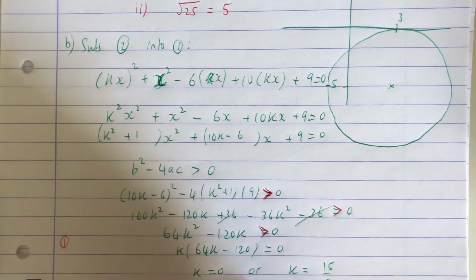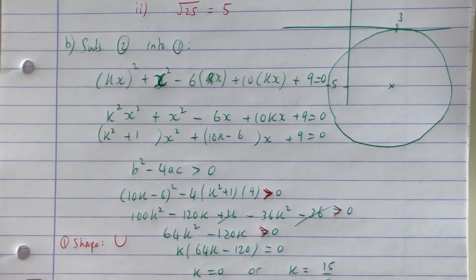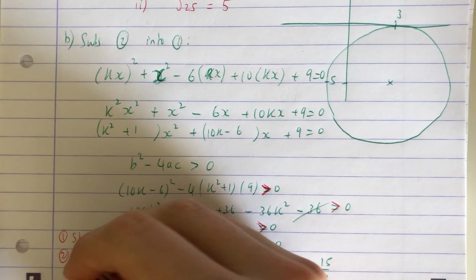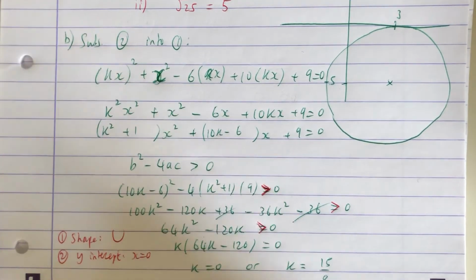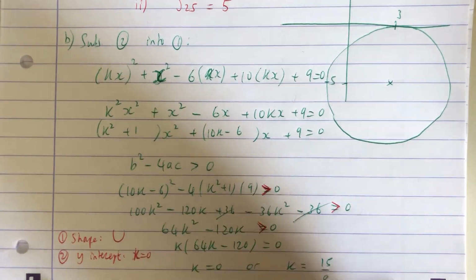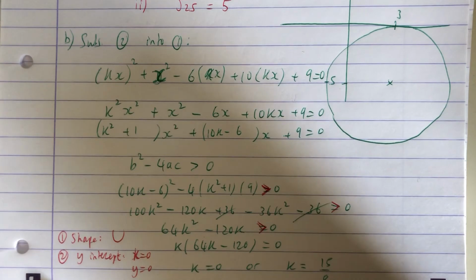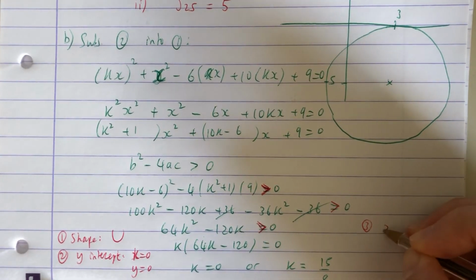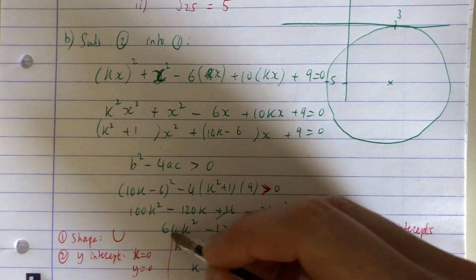So the sketch would be a positive quadratic shape. The second thing would be the y-intercept, which is when x is 0, or in this case k is 0, and that would give you y is 0. And then the third thing is the x-intercepts, or in this case the k-intercepts, and that would be what I've just done there.